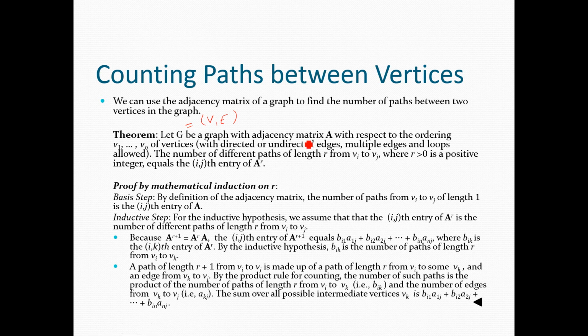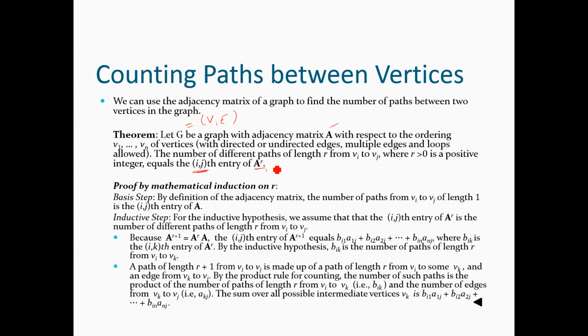If we have an adjacency matrix A and we try to find the paths of length r from some vertex to another vertex, then this is the ijth entry of A^r. A^r means we are going to multiply A by itself r times.